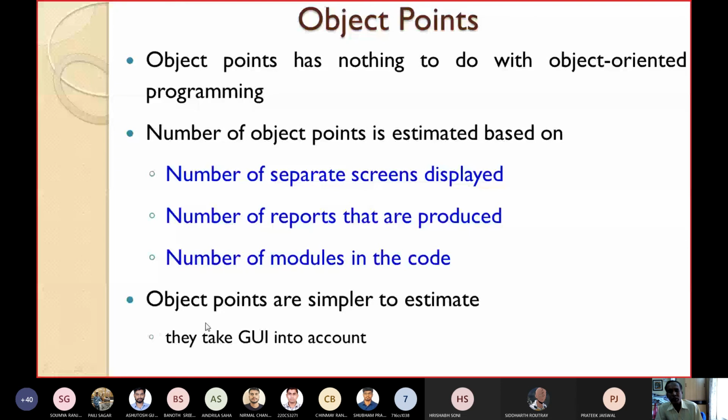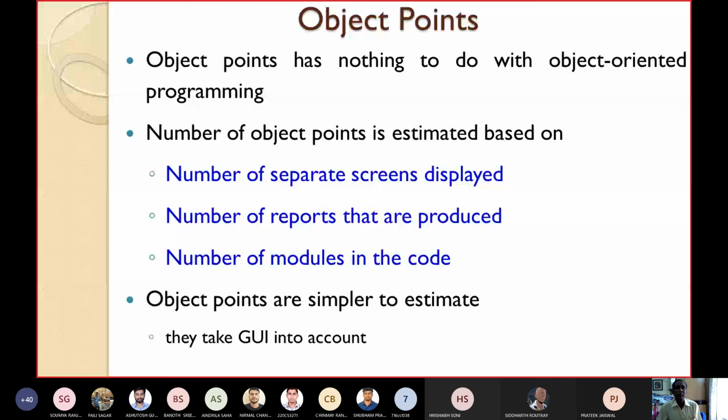They also take GUI into account. Because nowadays almost every application supports a good GUI. However good the software you develop, if it has a very poor GUI, nobody will be attracted to use your system, your project or your organization.